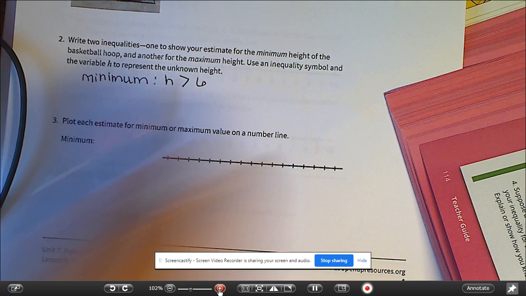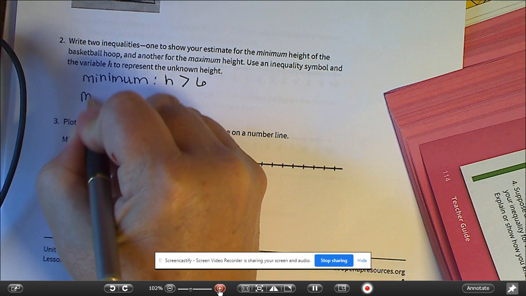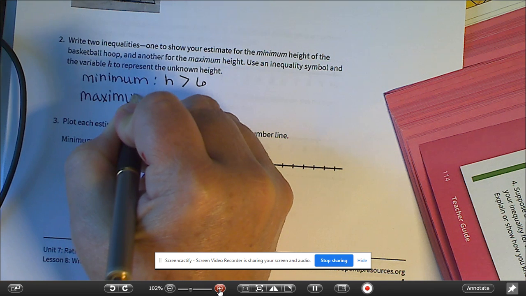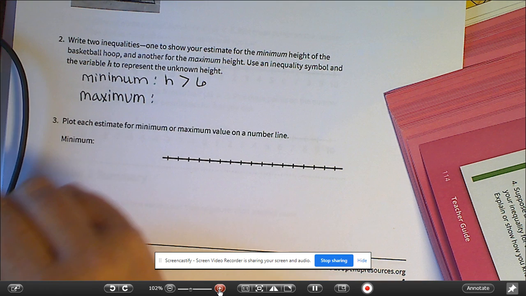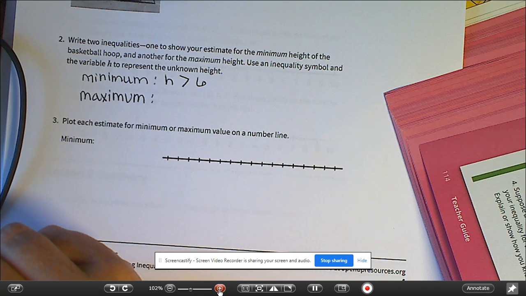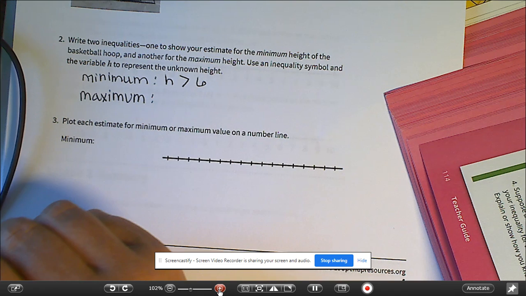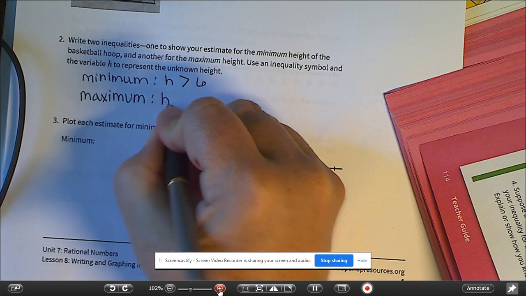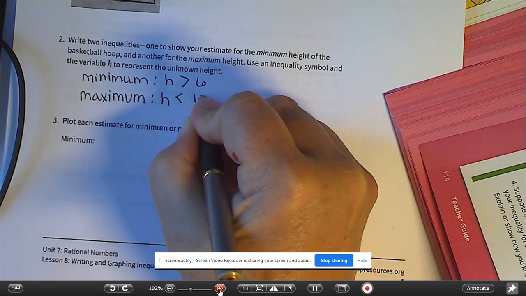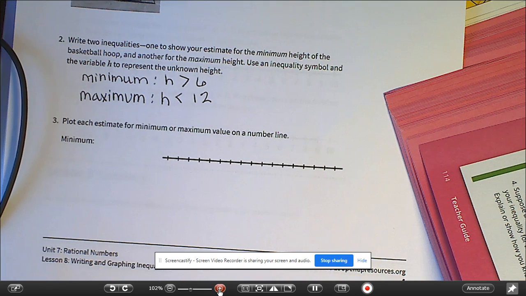Okay, so the inequality symbol is there. And then the maximum, I said the height was 12 approximately. So I said the height has to be less than 12. The maximum was 12.